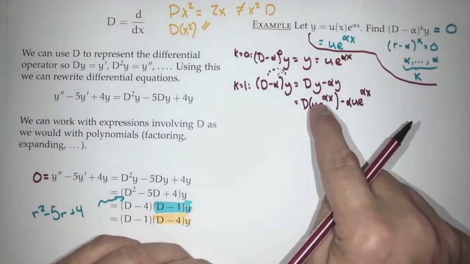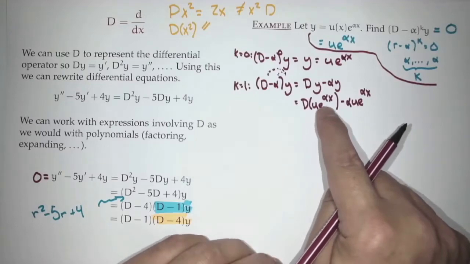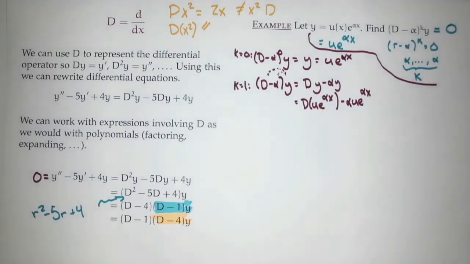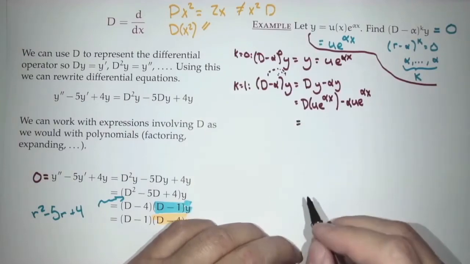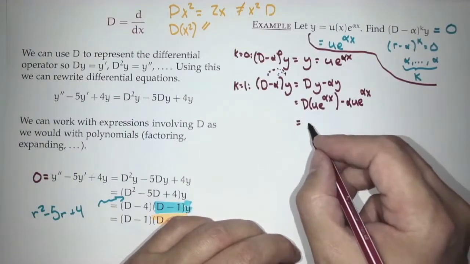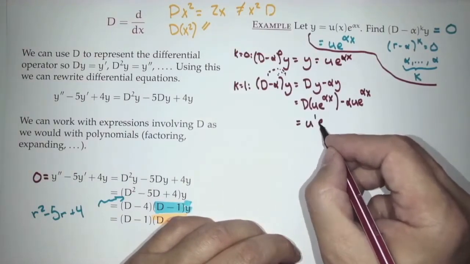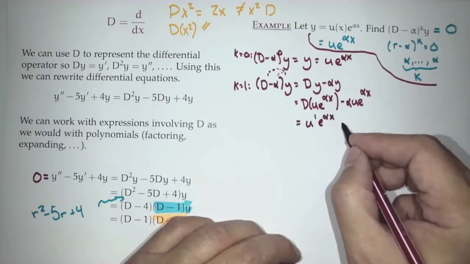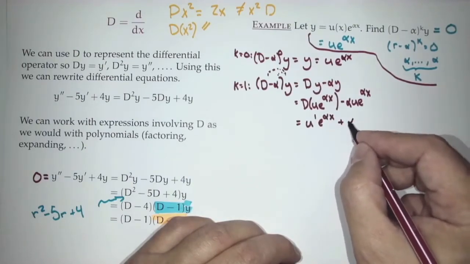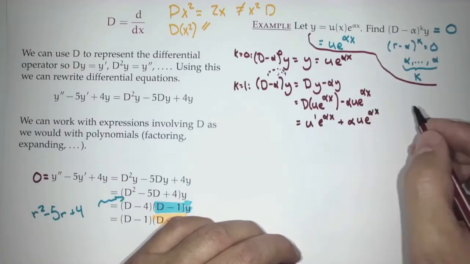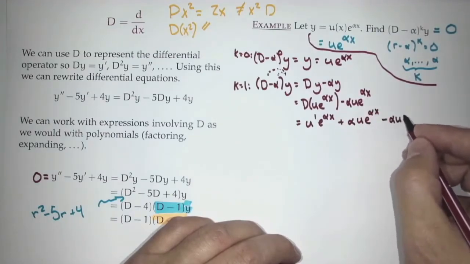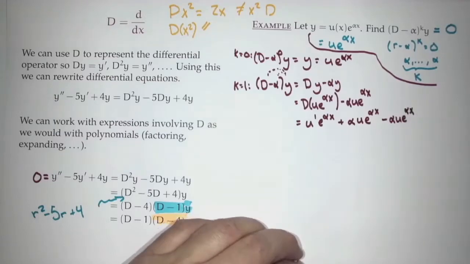All right, so we need to take the derivative. What rule do we need to take the derivative of u times e to the alpha x? Product rule. Okay, so what do we end up with? Okay, u prime e to the alpha x plus alpha u e to the alpha x. And we're going to subtract alpha u e to the alpha x.